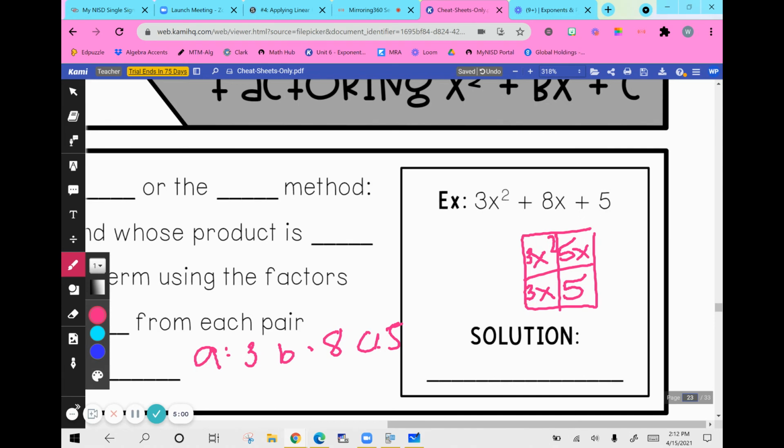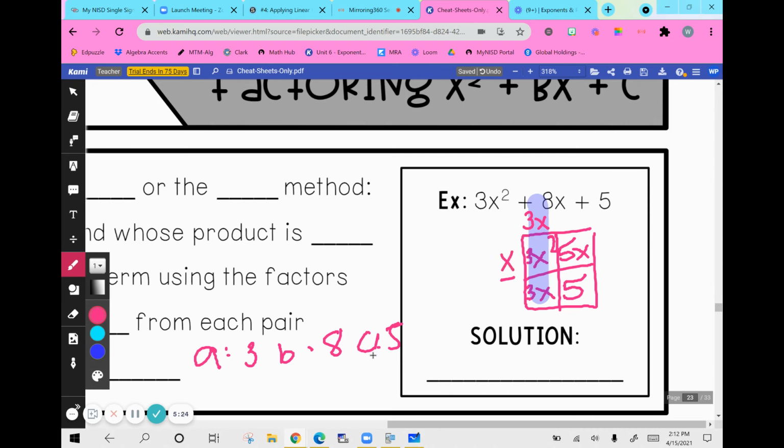So now we're going to find the GCF of each column. I'm going to start with this column here, 3x squared and 3x. What they have in common is the 3 and 1x, okay? And now I'm going to say 3x times what would give me 3x squared? Well, I just need the x because I already have the 3 and the x.